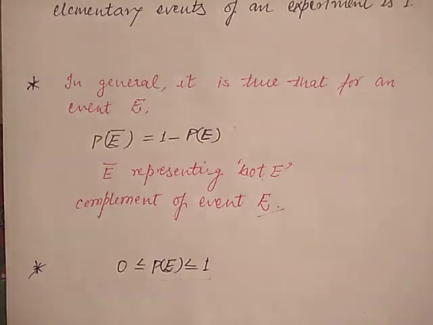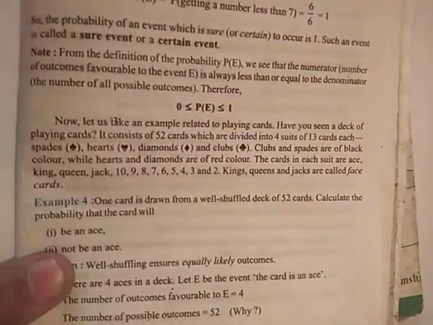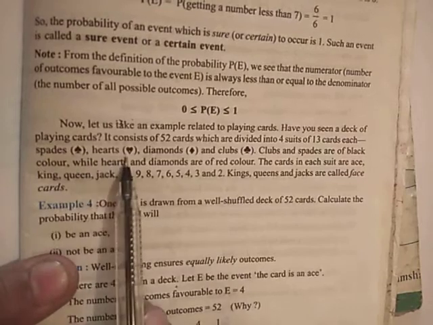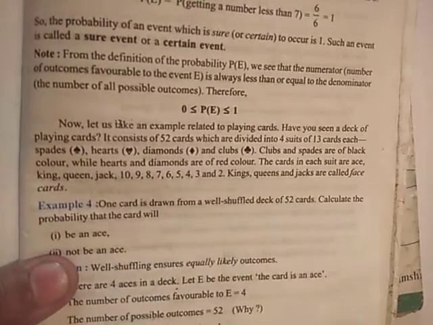When we draw a card from a well shuffled deck of 52 playing cards, we have cards of 4 types: spades, hearts, diamonds and clubs. You can check them in your book on page number 301.